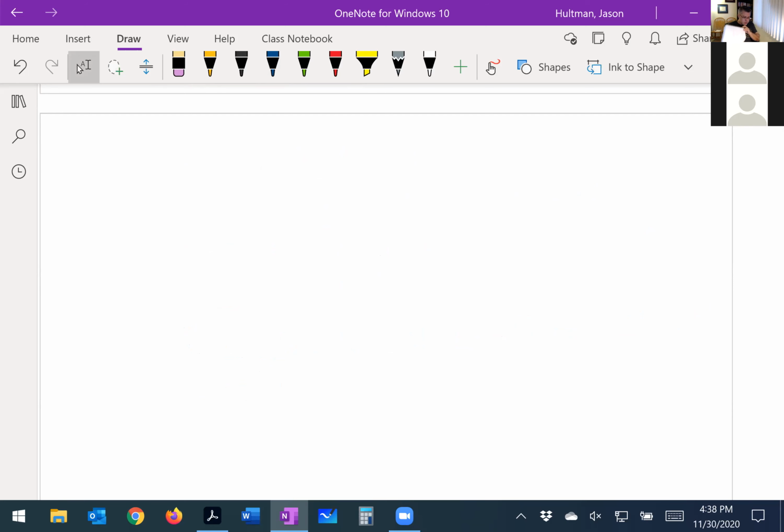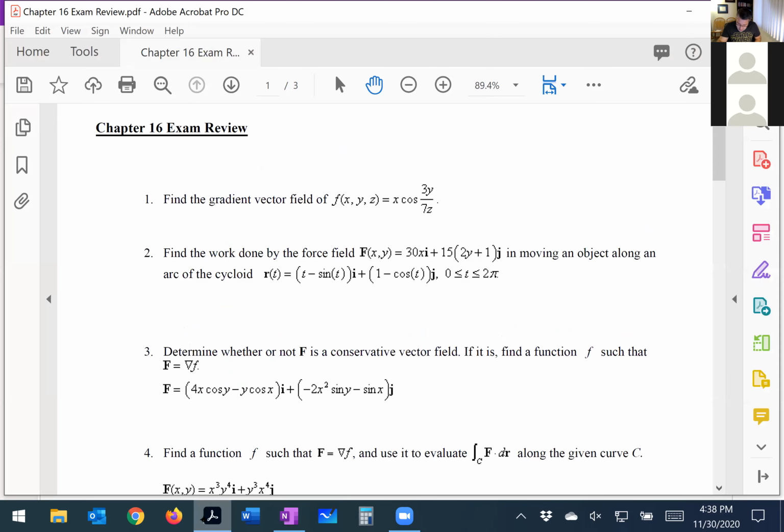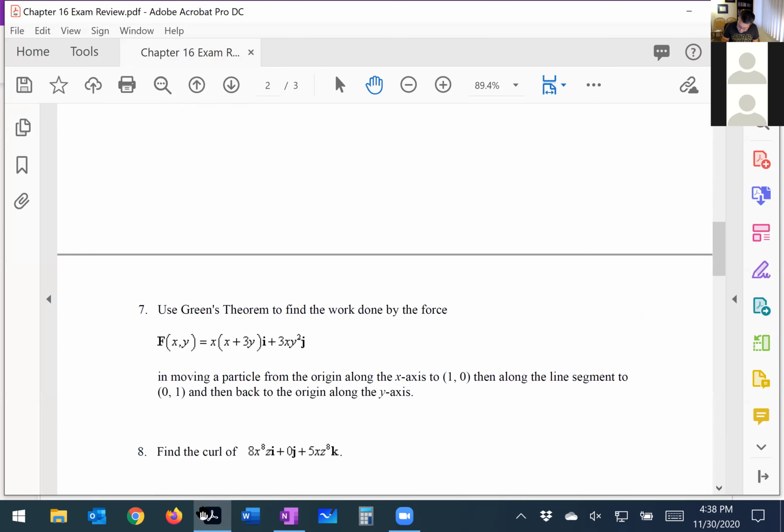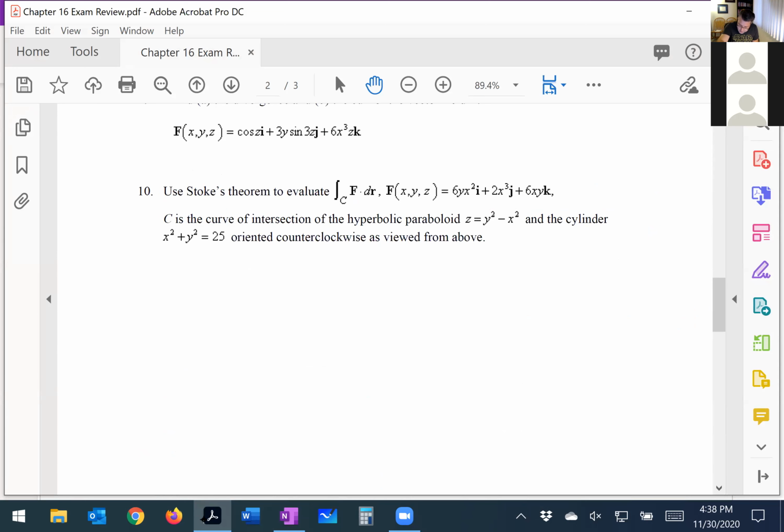Ooh, nice. I like number 10. Number 10 is a good problem. Okay, use Stokes's theorem to evaluate this. C is the curve of the intersection of the hyperbolic paraboloid z equals y squared minus x squared, and the cylinder x squared plus y squared equals 25, oriented counterclockwise as viewed from above.